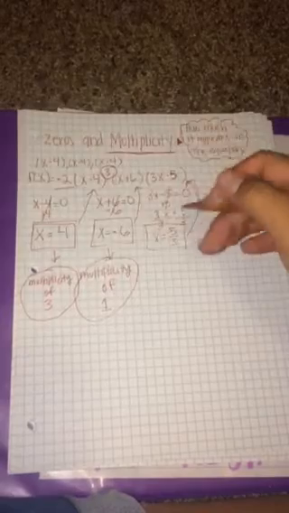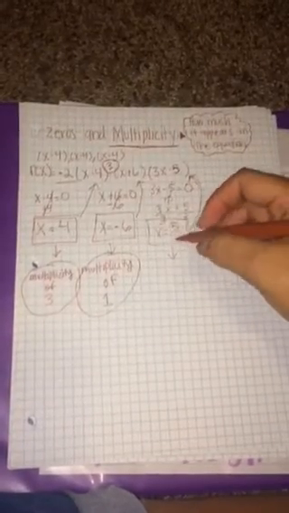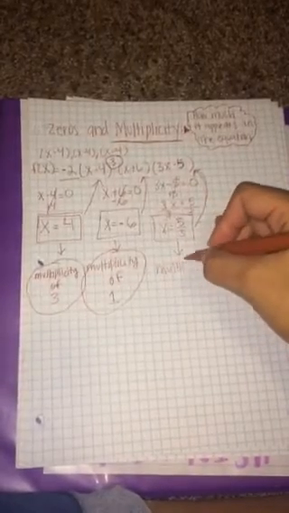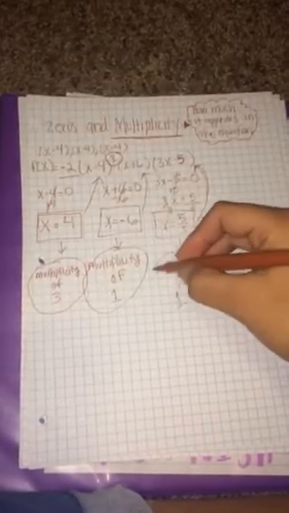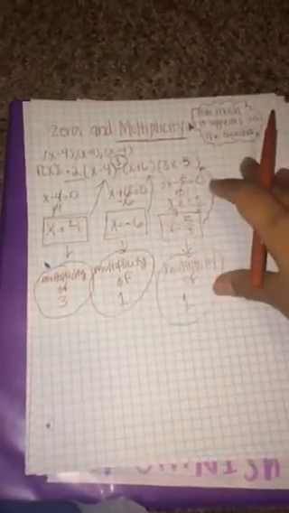And we know that 5 over 3 has a multiplicity of 1 because it only appears once in the equation.